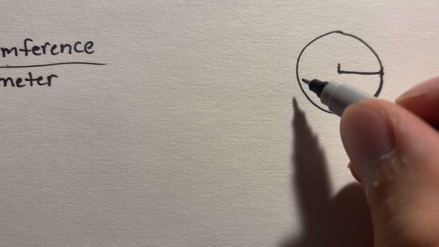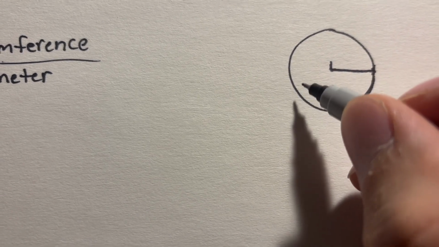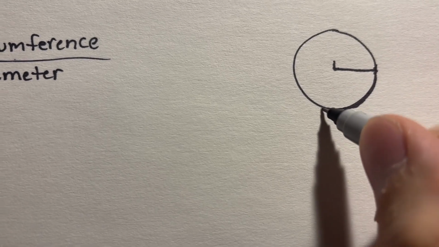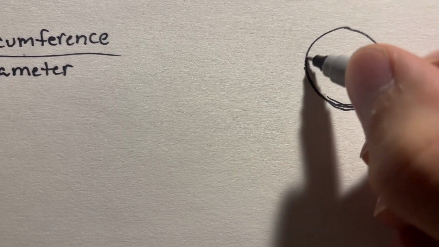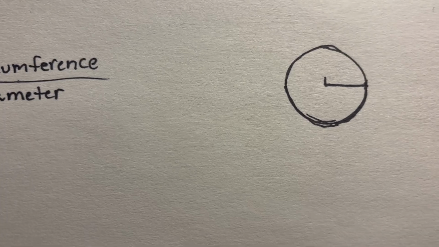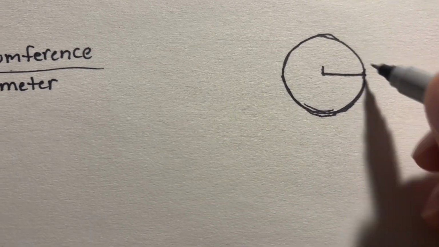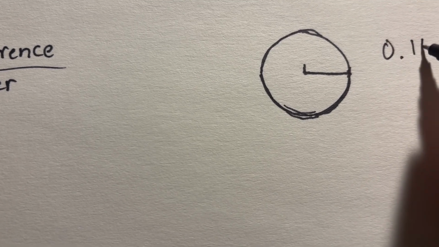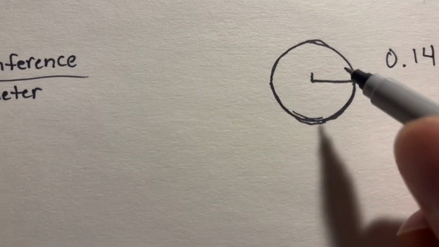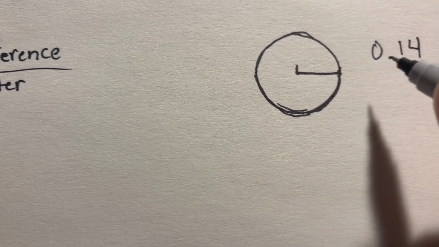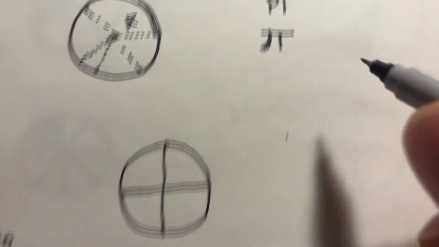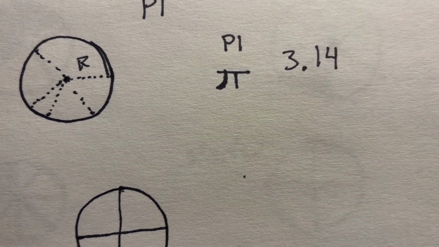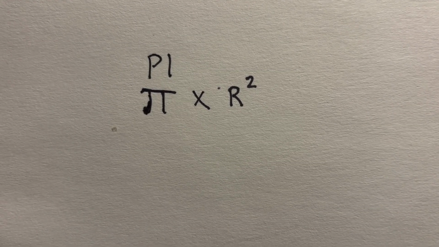By the time you get to the third radius, doing that 3 times, it has just a little bit left over in order to make the full circle. It ends up being 0.14. So in total it's 3 radiuses plus 0.14. So pi is equivalent to 3.14.